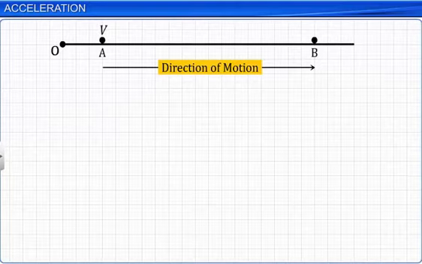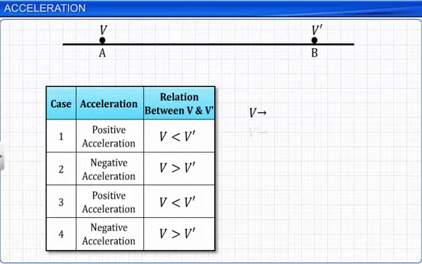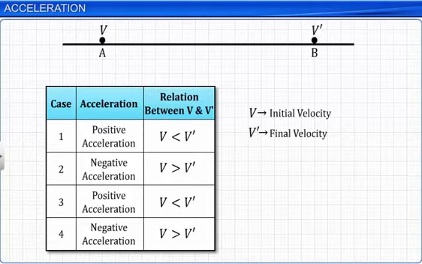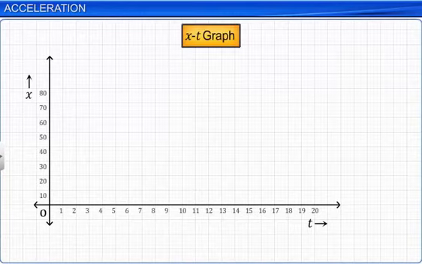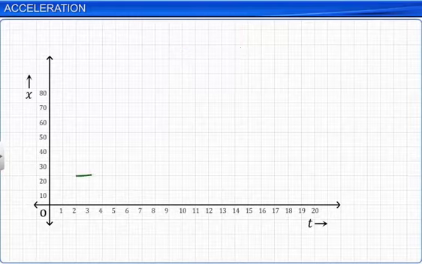Now let us plot the position-time graph, that is the x-t graph. Time is taken along the x axis and position x is taken along the y axis. For positive acceleration, the nature of the graph will be an increasing curve, which you have seen now, and for negative acceleration, a decreasing curve.